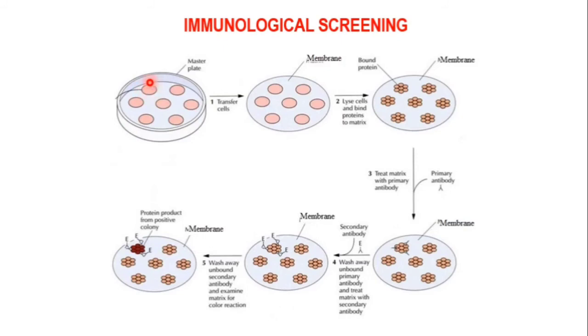This means in this technique, first we have a master plate containing transformed colonies, and these colonies are transferred onto a nitrocellulose membrane.